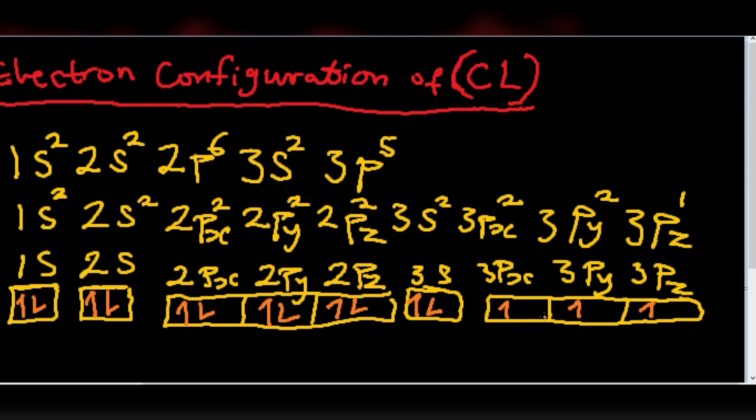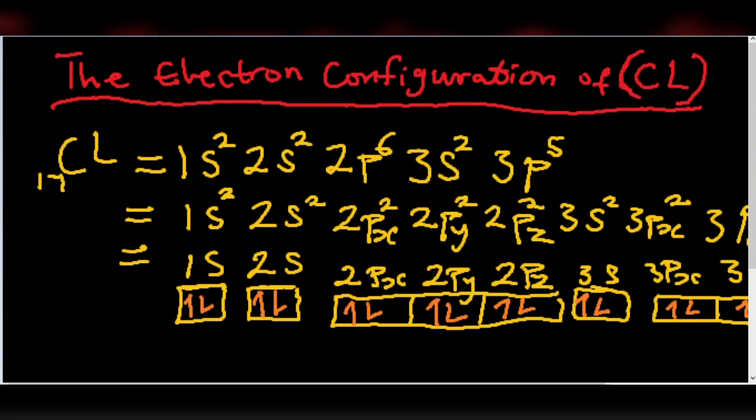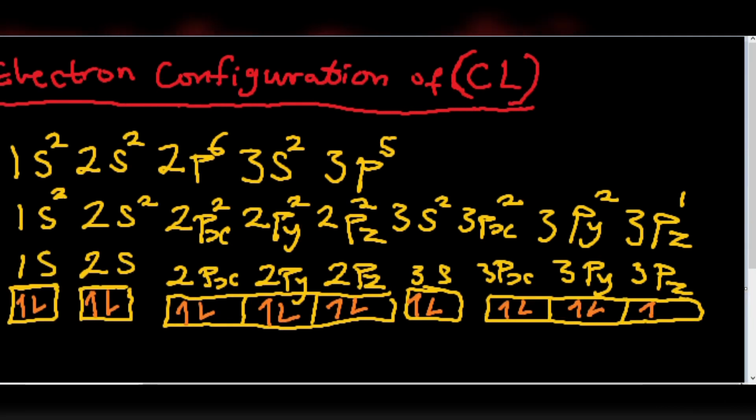Right. So this is 15 already. 11, 2. So 16, 17. So this is how the electron configuration of the chlorine atom will be. Yes, using the condensed, the expanded, or the Bohr notation.